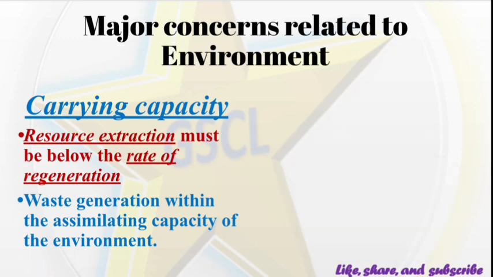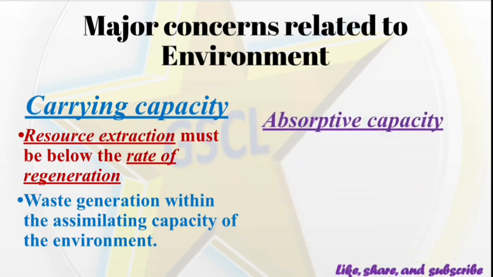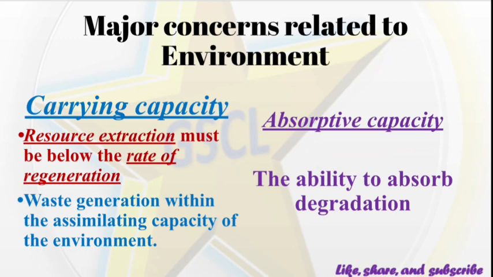Segregating waste at the source helps in this process. Waste generation must be within the absorptive capacity of the environment. The moment it exceeds, there starts environmental degradation.